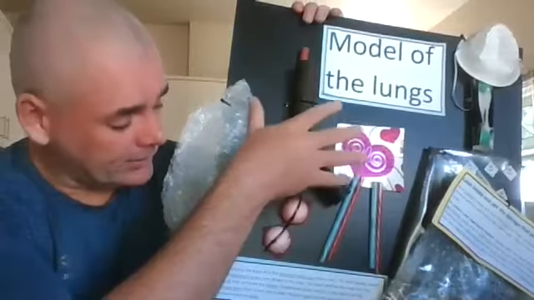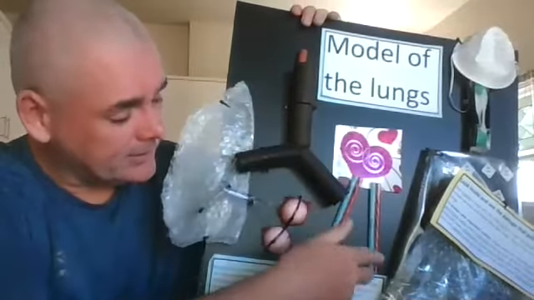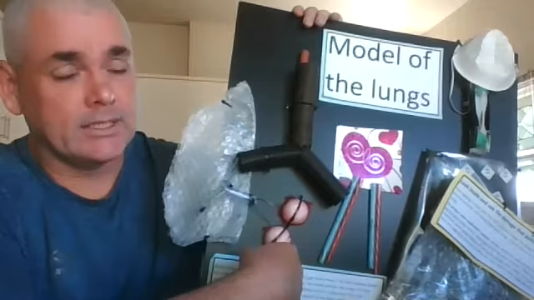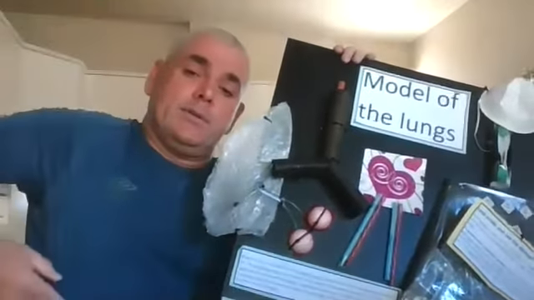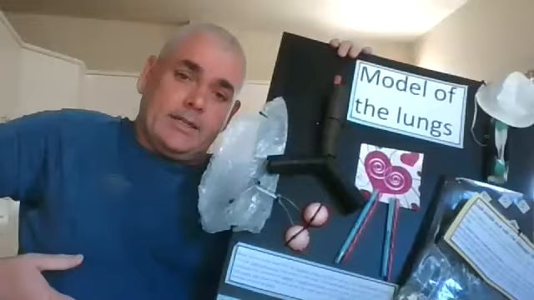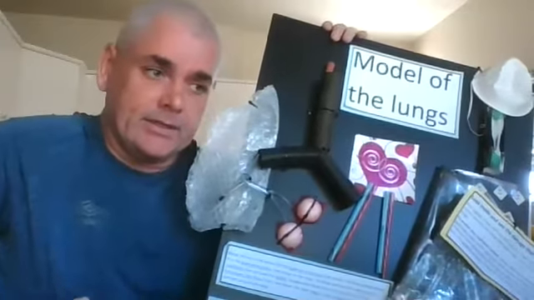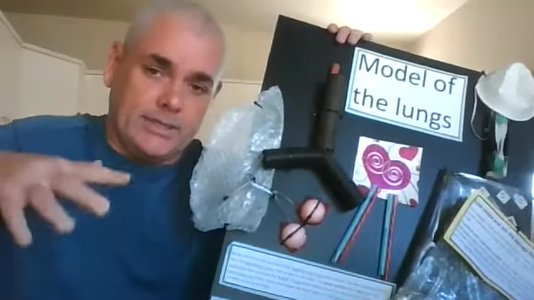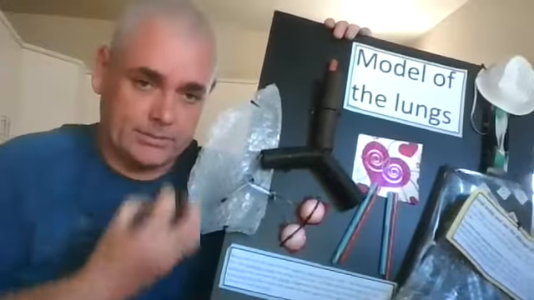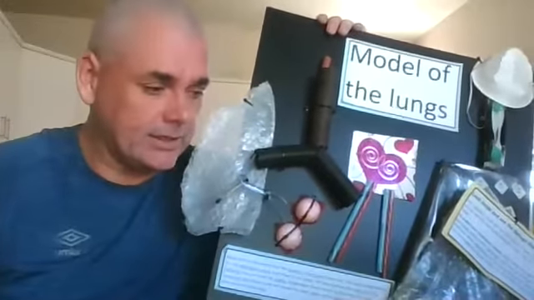And the other thing that's missing from this diagram is the diaphragm down below your lungs, because if you dig your fingers in under your ribs, under here, as you breathe in and out, you can feel, as you breathe in, that muscle pulls down, drawing all the air into the lungs.